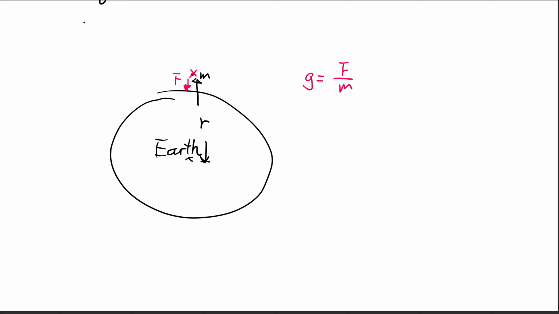So when you're talking about the gravitational field strength, you should specify which point you are talking about. Because if we substitute the formula of the force into this formula, you can see the small m can be cancelled out, and then it gives you a formula for the gravitational field strength. It's g equals GM over r squared.